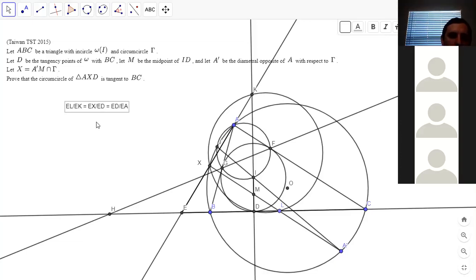Yeah, because we can't do this last step because we're just assuming the circle's tangent when we do that, right? Yeah.